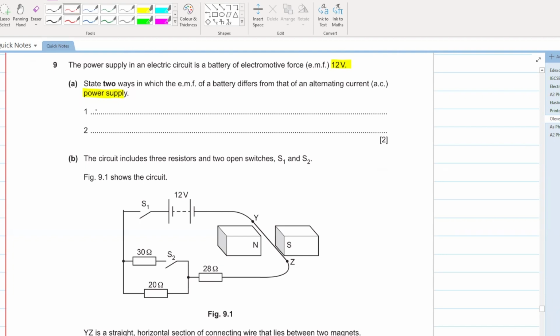You can say alternating current keeps changing direction.